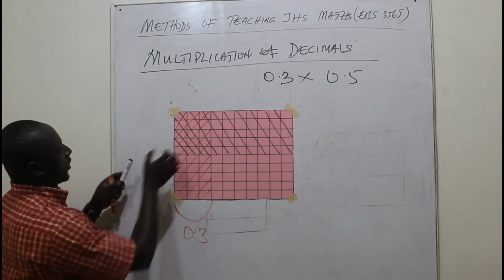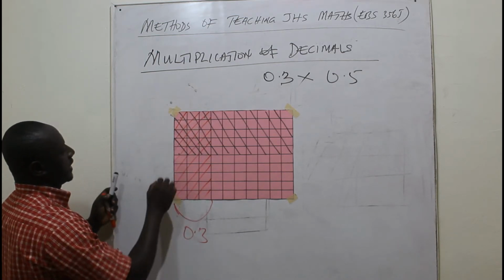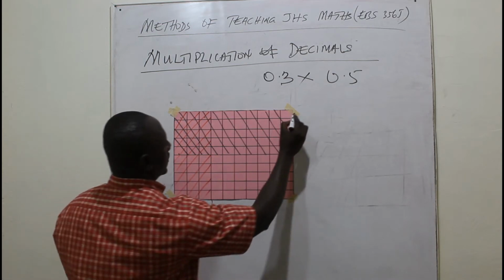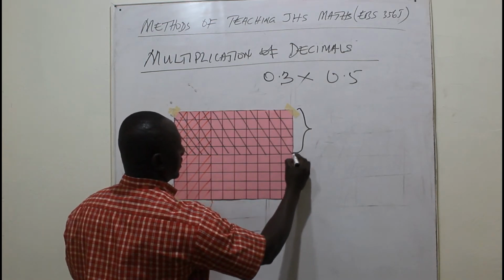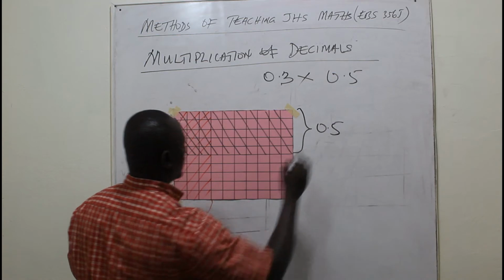So I have my 0.3 here, and this is my 0.5. So this place also represents 0.5.